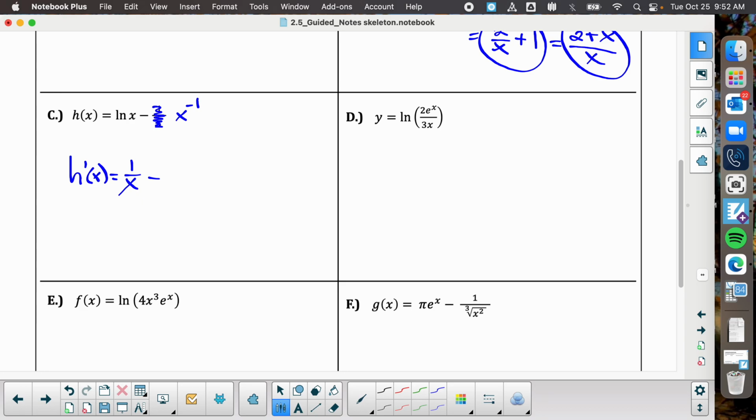Oh, okay. Or did you change your mind? Remove the negative one to the front. Are you trying to do the power rule? Yeah. Then yeah. You're the worst whisperer ever. Okay.